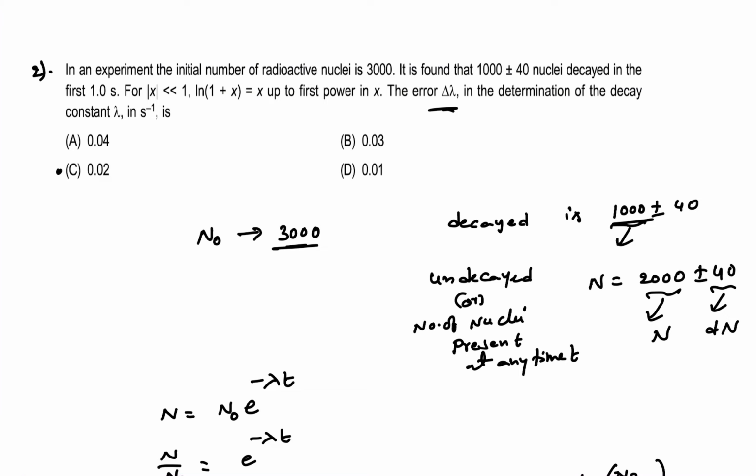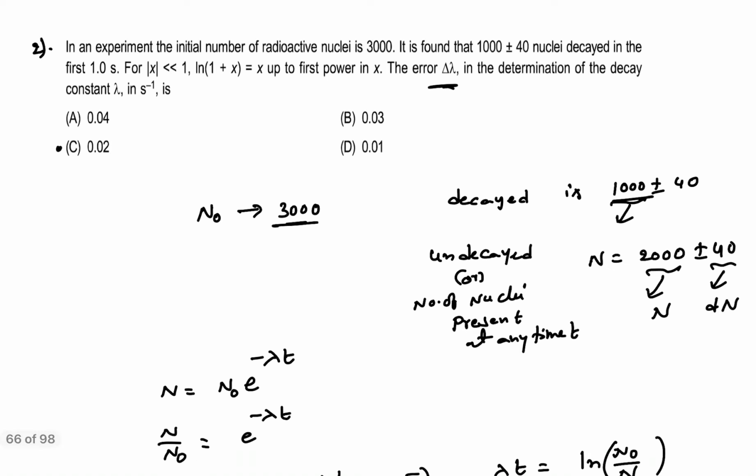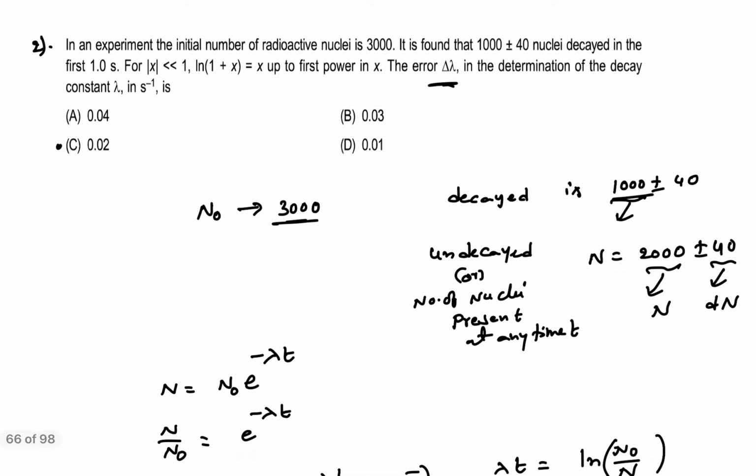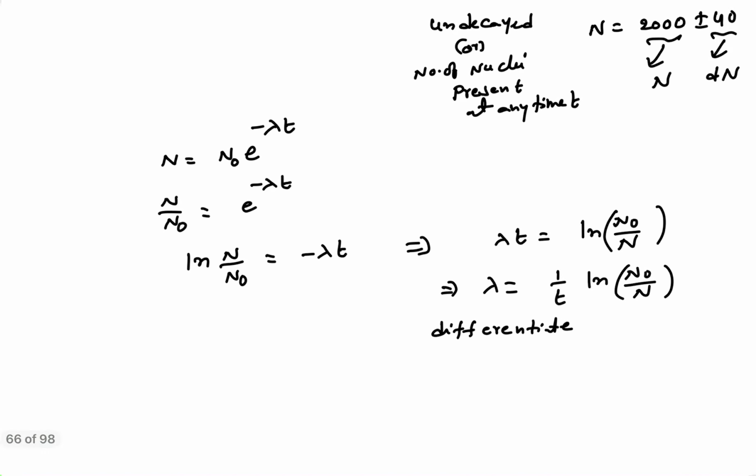So I am doing differentiation on this relation. Why am I differentiating? Whatever error is there is small compared to 3000, 1040 is small, and they have also given x is very very less than 1, which we have to apply. Log of 1 plus x you can treat as x.